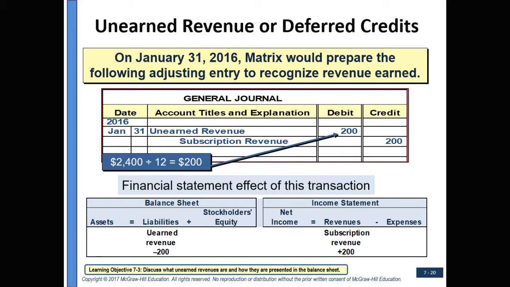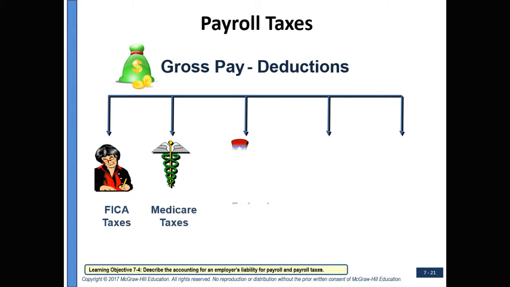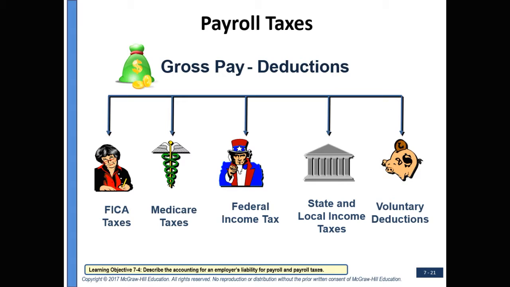Unless you are a sole proprietorship, you will have to contend with payroll taxes at some point. Employers withhold payroll taxes and voluntary deductions from their employees' gross pay. Payroll checks are then issued at net pay. This is the amount of their wages less the specified withholdings.